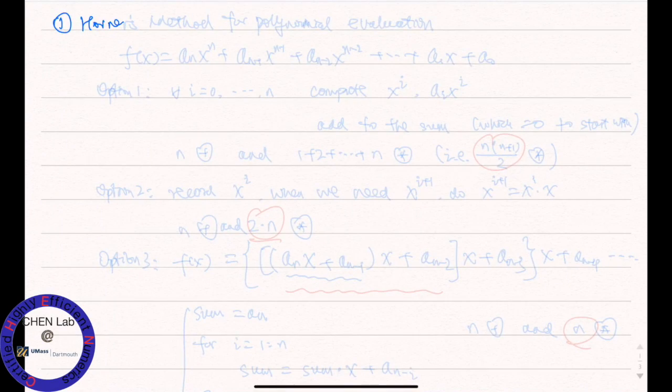This is the so-called Horner's method for polynomial evaluation. All right, so the idea is that we need to evaluate polynomials in computers.